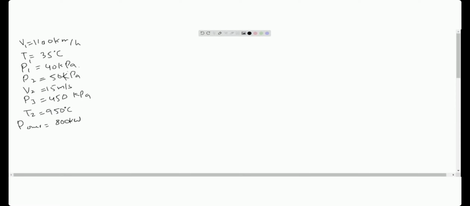Assuming an isentropic efficiency of 83% for the compressor, turbine and nozzle.